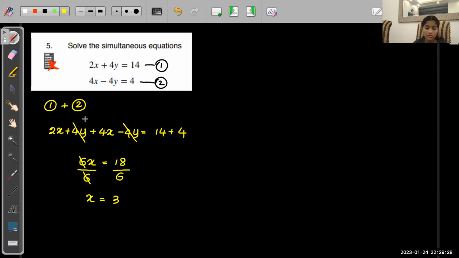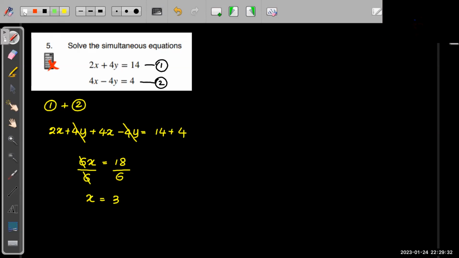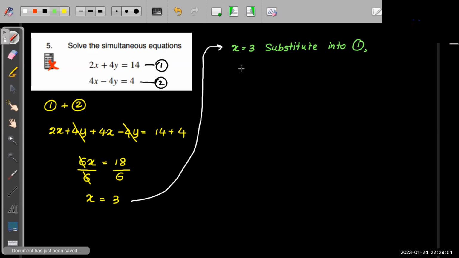Now what you can do is you can go and substitute that in somewhere else. So that's what I'm going to do. x equals 3, substitute into equation 1. Then you are writing, see, 2 into 3 plus 4y equals 14.